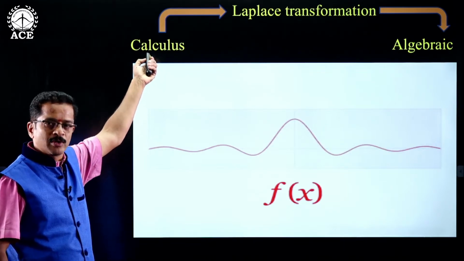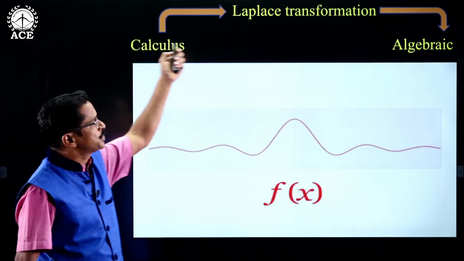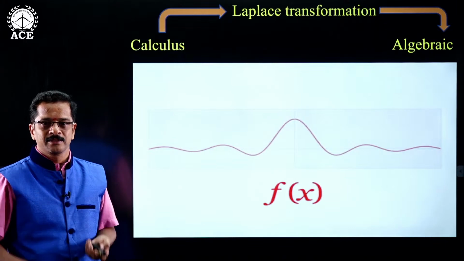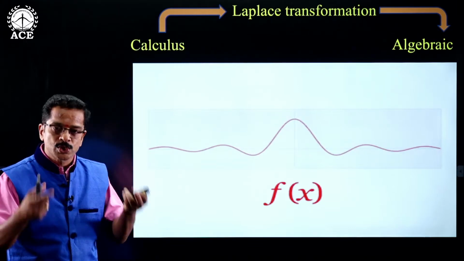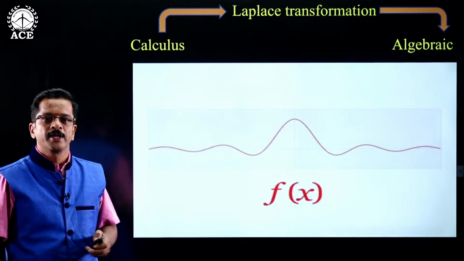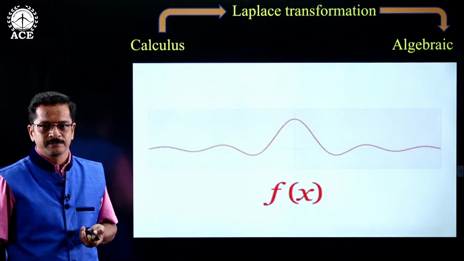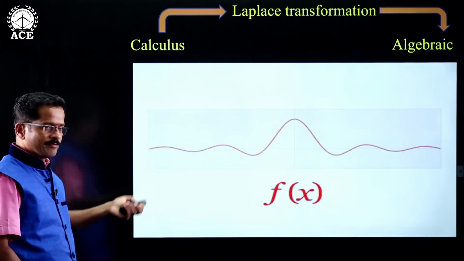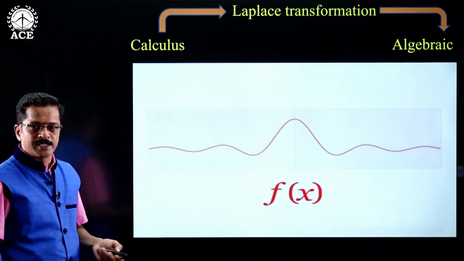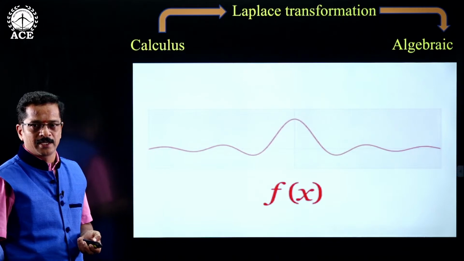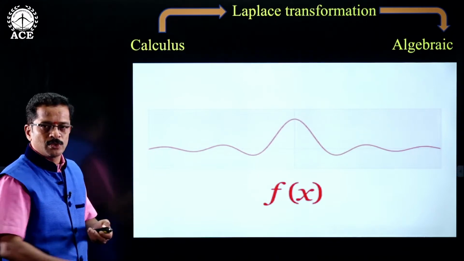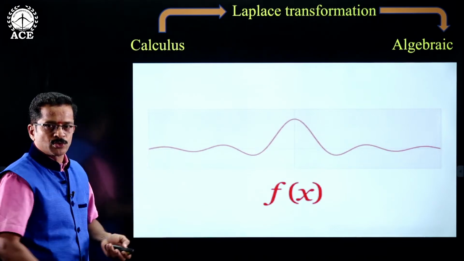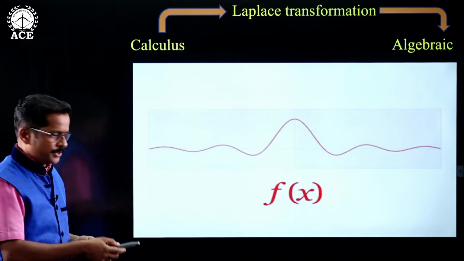If the data is in non-linear form and I convert it into algebraic, it is easy to analyze, easy to observe the things, and easy to evaluate. Now I will show a small video of how the calculus is converted into algebraic, how the data is in calculus, and how it becomes when converted into algebraic.